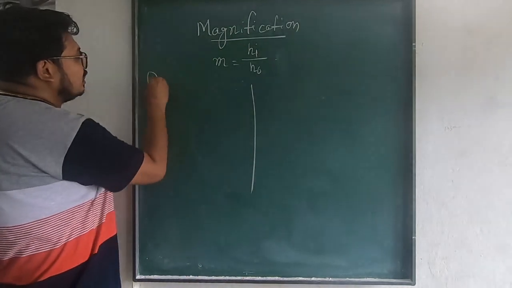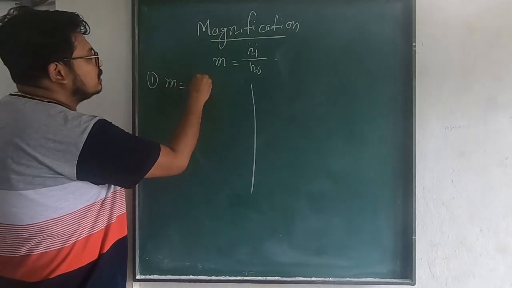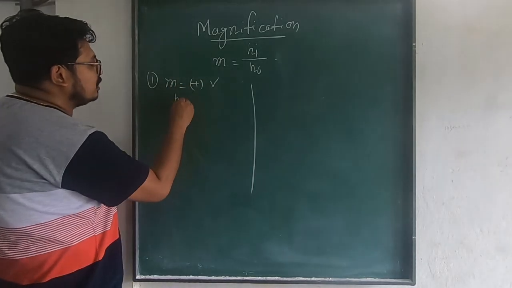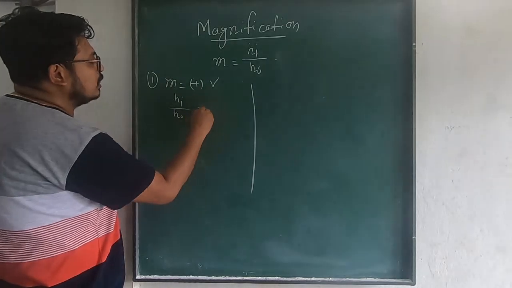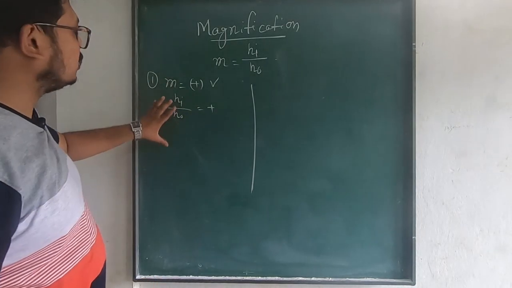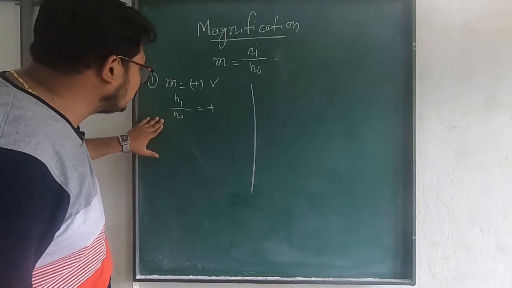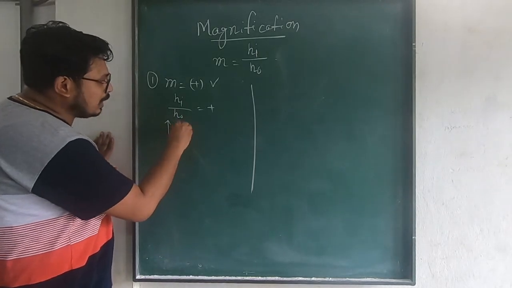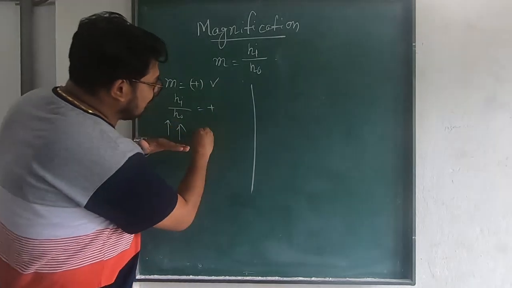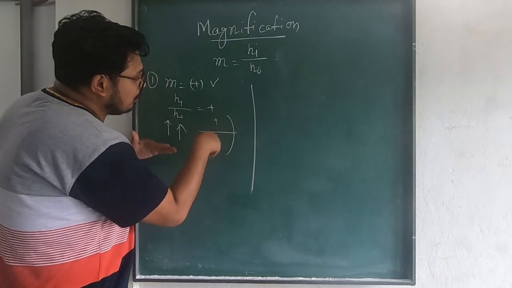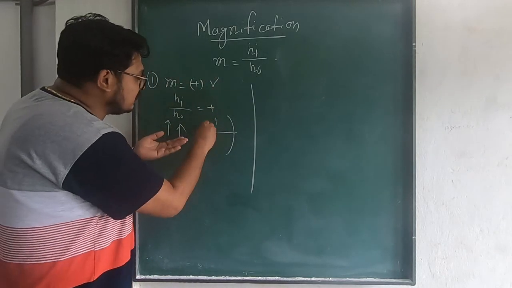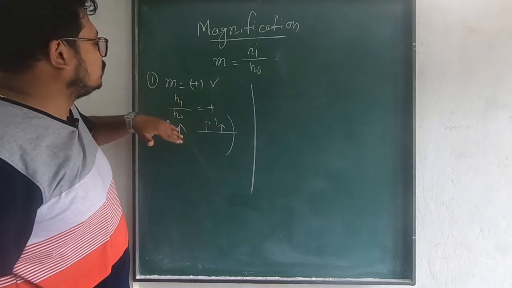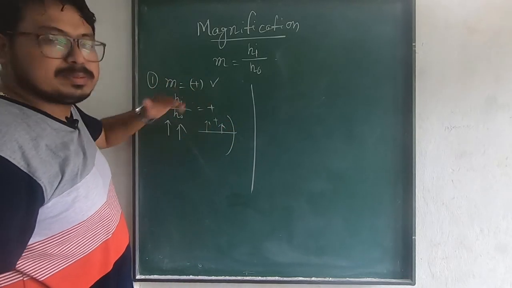First case: if your m is positive, that means your hi and ho are both positive values. At which condition are both positive? That means in that condition both will be upright, because you know that above your principal axis it is plus. If both are positive, which case is possible?